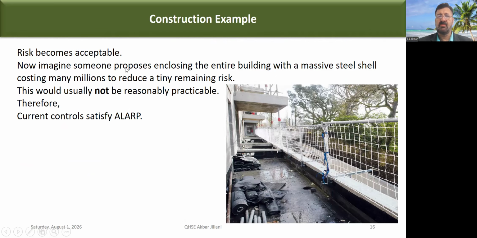Now imagine someone proposed enclosing the entire building with a massive steel shell, costing many millions to reduce a tiny remaining risk. See, this is not reasonably practicable. This would usually not be reasonably practicable. Therefore, the current controls satisfy ALARP.